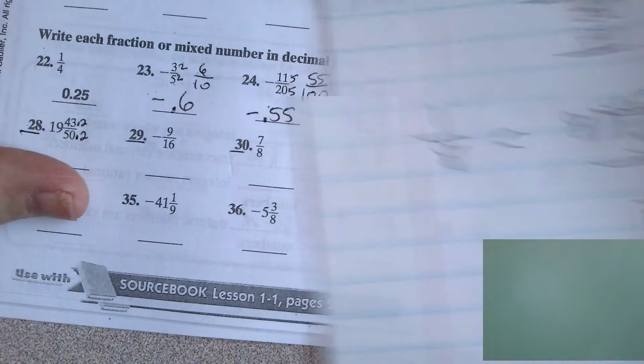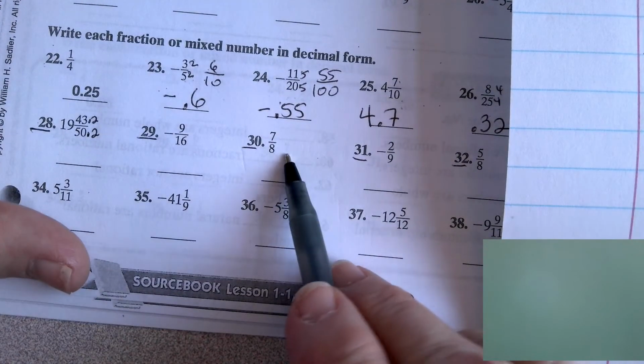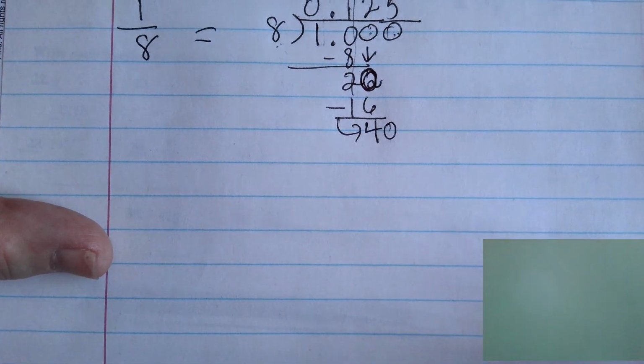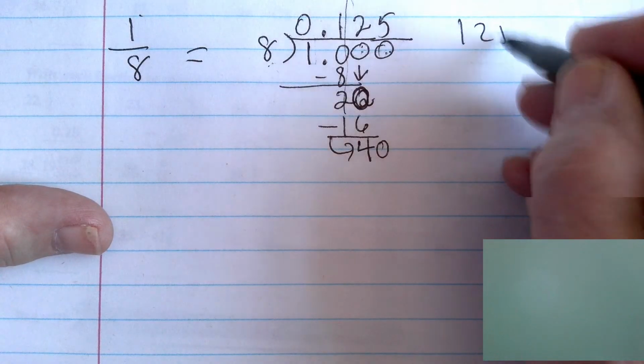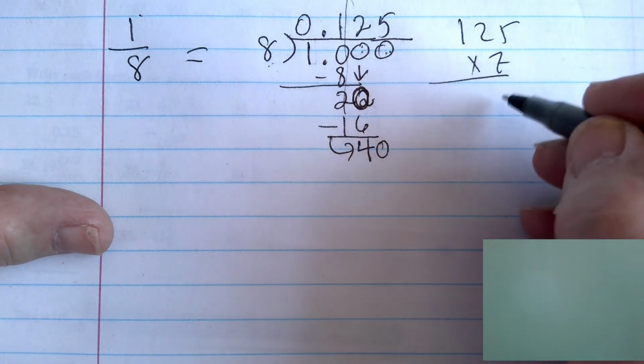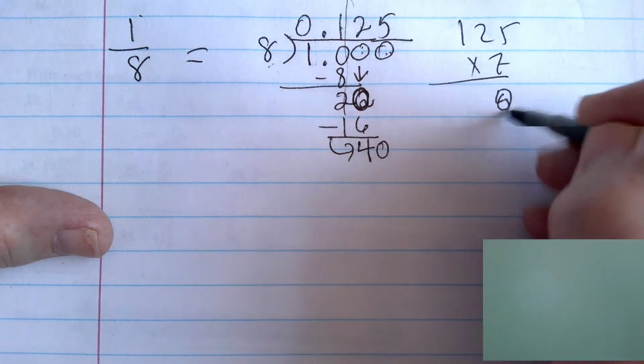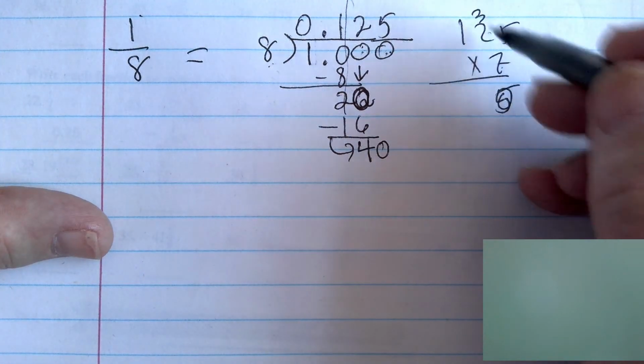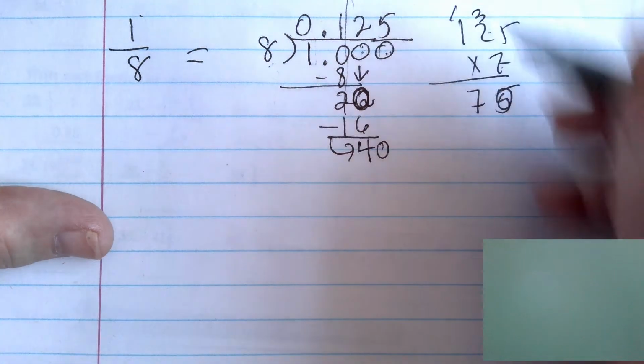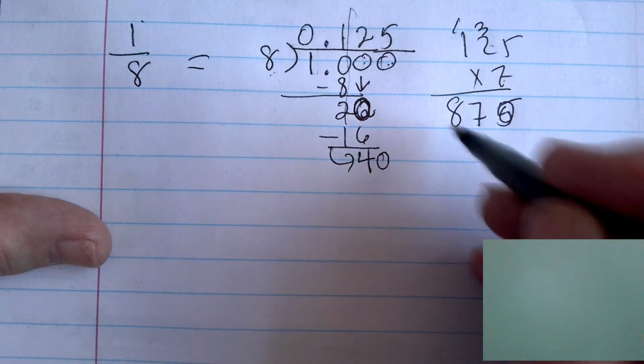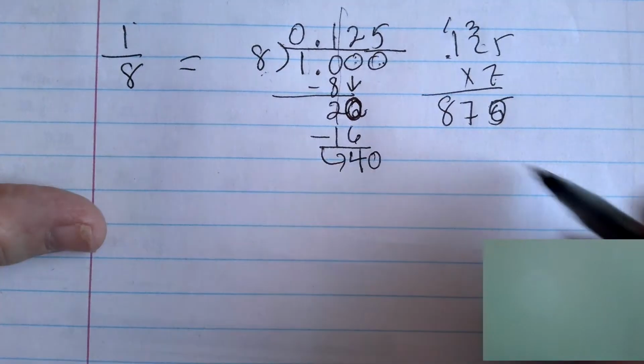Then if you've got 7/8, guess what I need to multiply this by? By 7. So then I just take 125 times 7, and that's 35. And what is that answer going to be? 875.